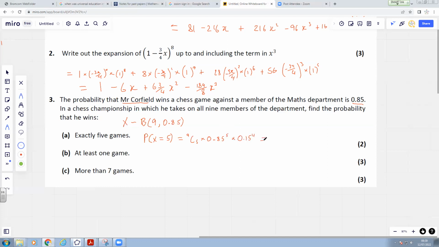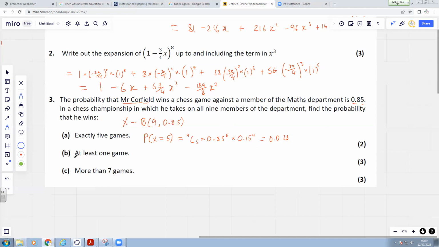And so we're going to do that. Just typing it into my calculator, I get 0.028.